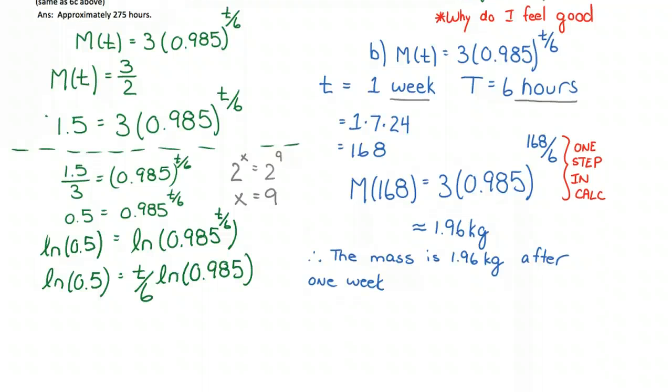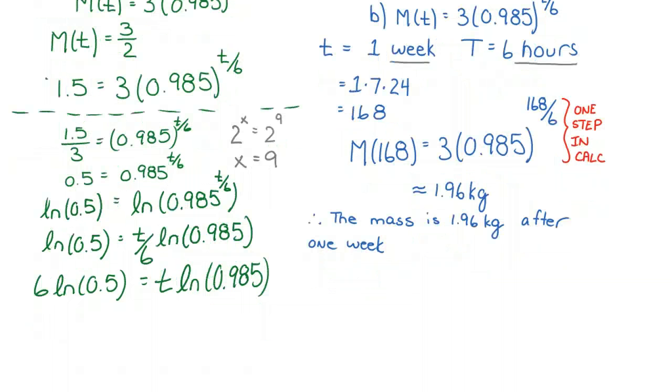Now I need to get t by itself, so I'm going to multiply both sides by 6. Then I'm going to divide both sides by the ln of 0.985.